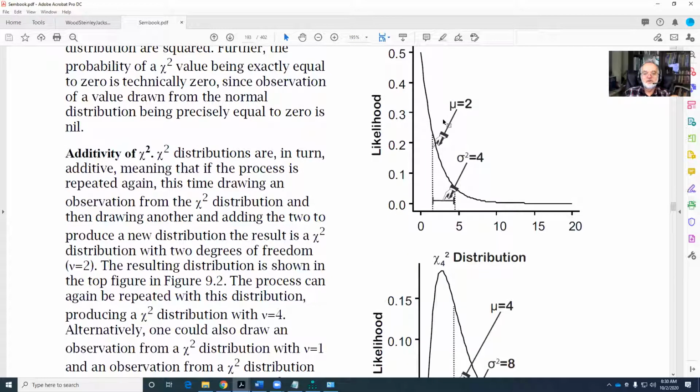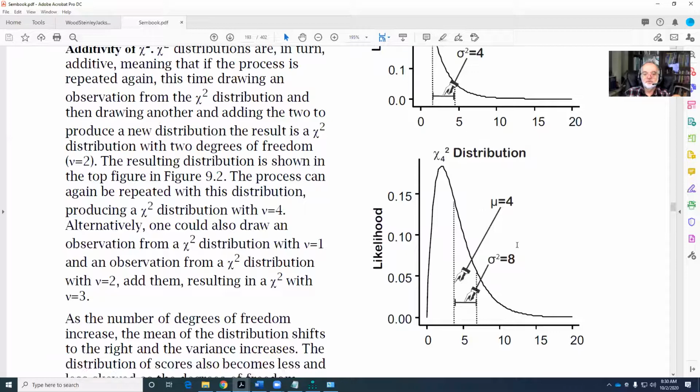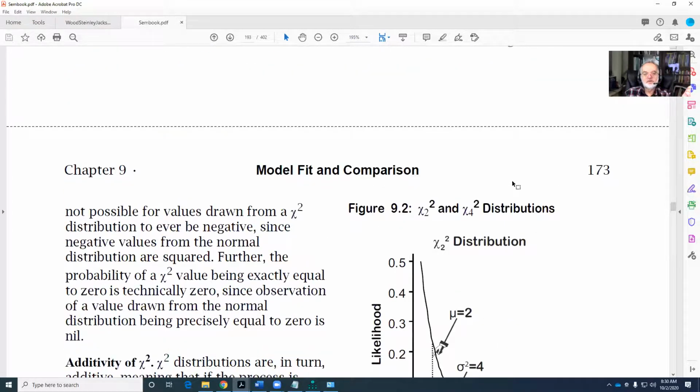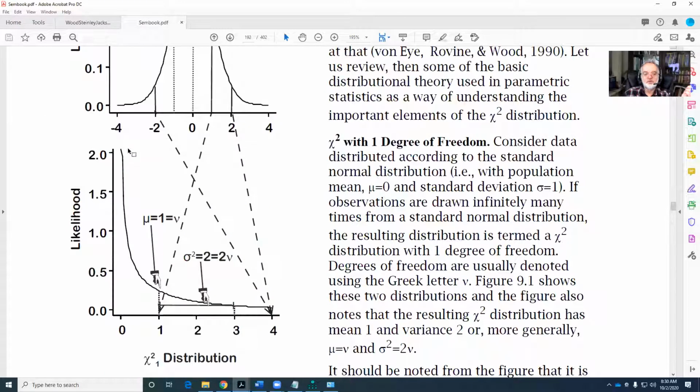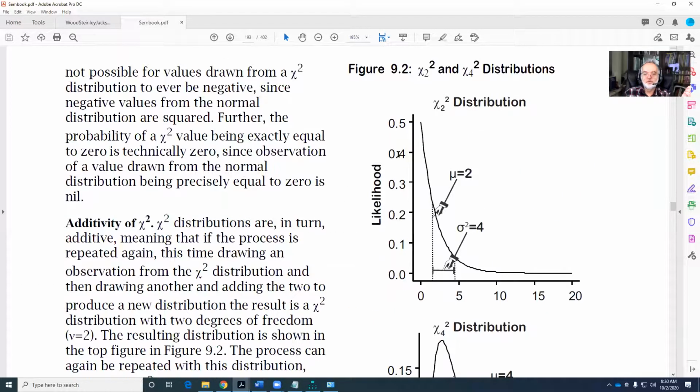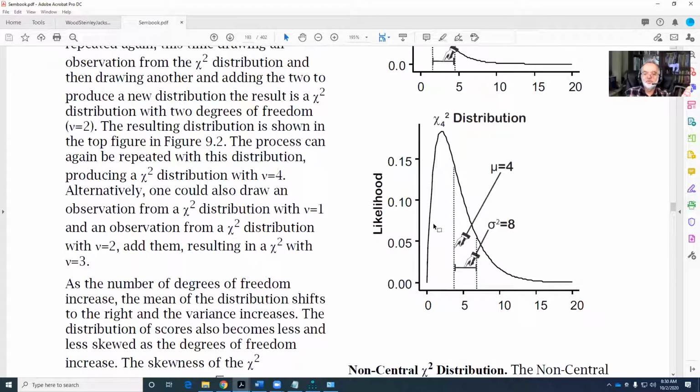The mean is always going to be equal to the degrees of freedom, and the variance is always going to be equal to 2 times the degrees of freedom. And as I repeat this process more and more, notice what's happening to the shape of the distribution. It starts out really skewed, and the more observations I draw, the more and more symmetric this distribution becomes.